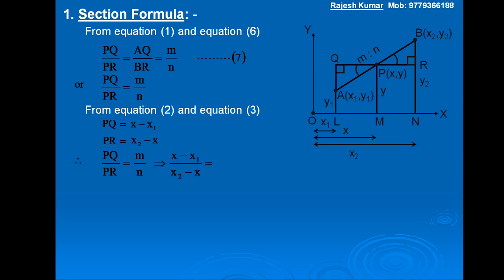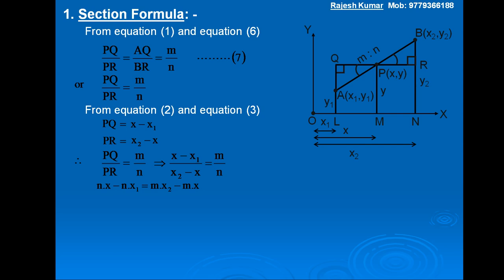This implies (x minus x1) upon (x2 minus x) is equal to m upon n. Cross multiply, we get n into x minus n into x1 is equal to m into x2 minus m into x.